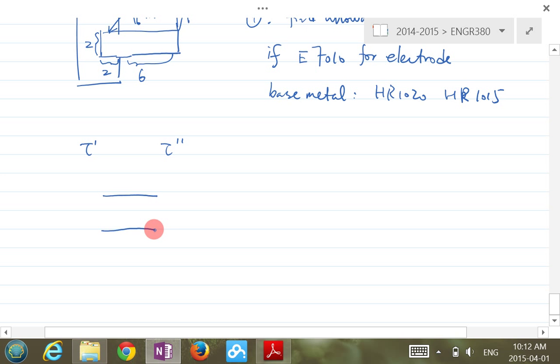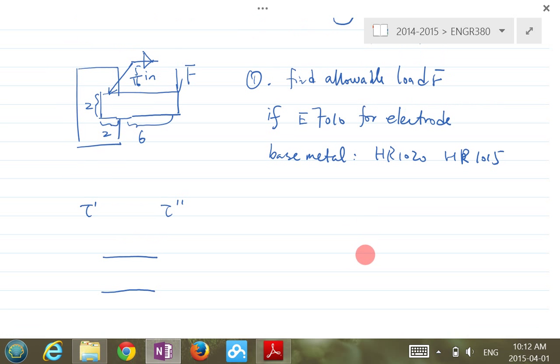Let me say 1. In plane means the F and the weld group are in the same plane. Out of plane means the F and the weld group are not in the same plane. Apparently this F and the weld group are in the same plane, right?